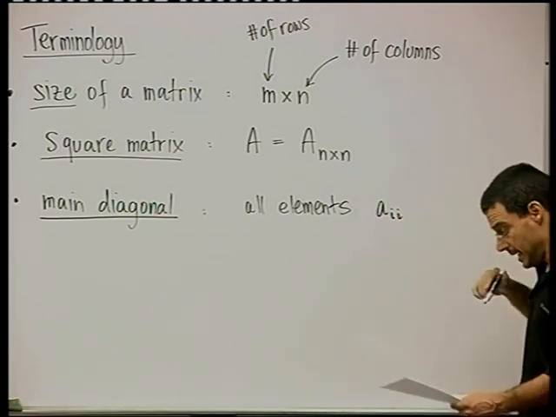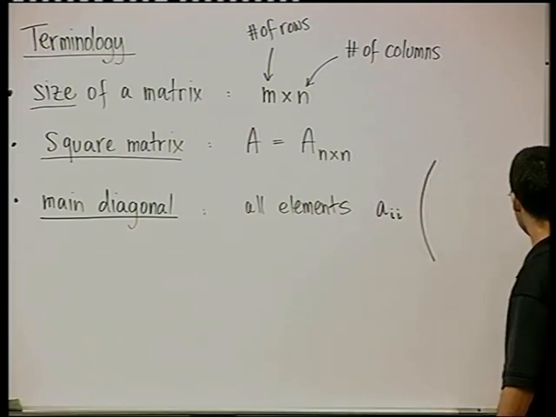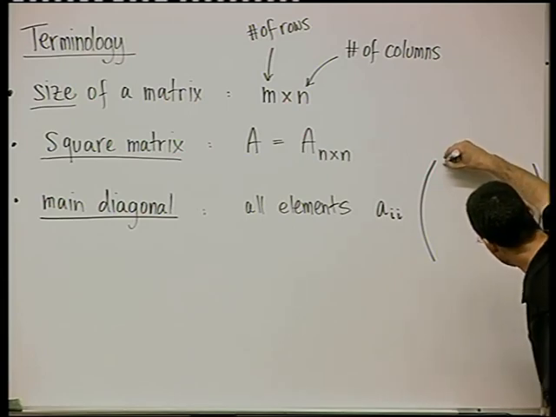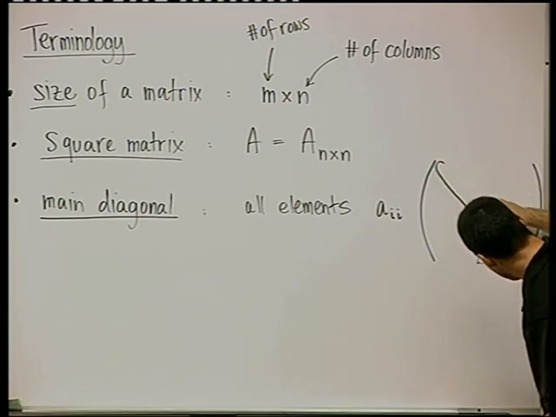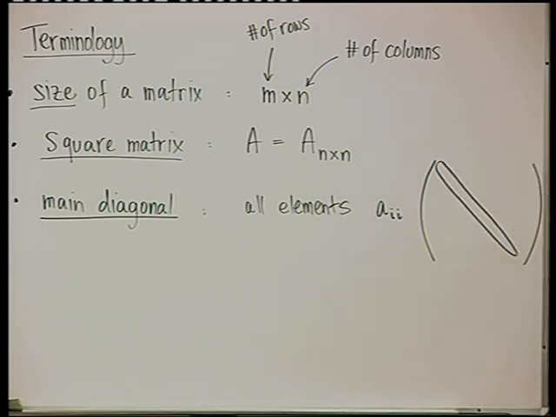So if you look at a general matrix, here's a general matrix without labeling again all the entries, the main diagonal is going to be all those entries sitting here. This is the main diagonal. A11, A22, A33, A44, etc.